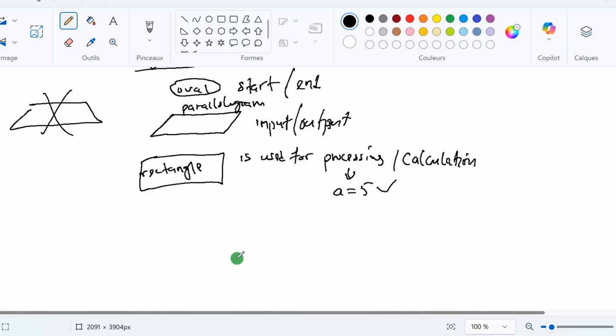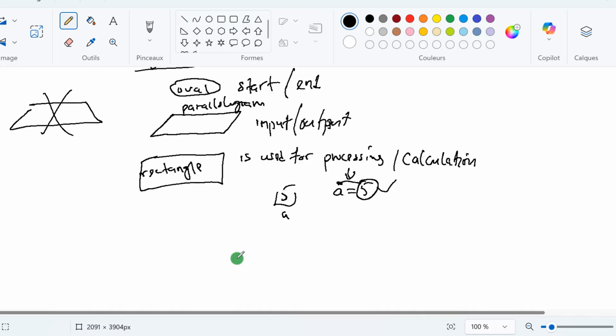So when the computer is executing it, the computer will say this instruction simply means take 5, put here. You see that this 5 is not the user that presses it from the keyboard. No, it's already there in the instruction, and the role of the computer is just to take it and put it where? Inside A. So this is a process. By the time the computer is doing a process, please, the symbol used is rectangle.